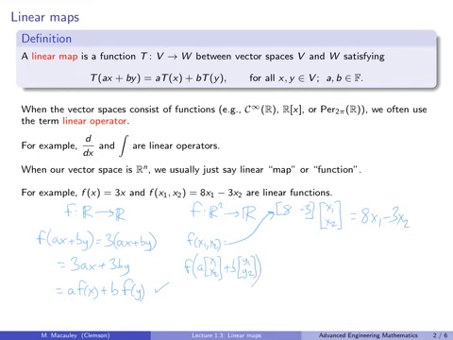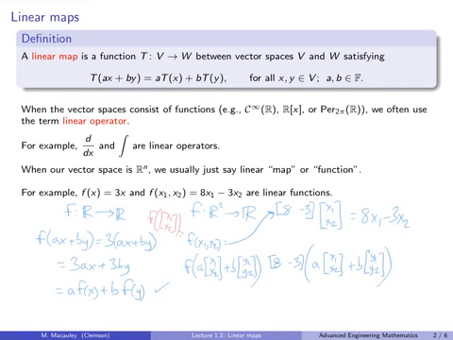So for example, this I'm thinking of as f(x1, x2). Okay? So let's compute. This is equal to (8, -3) times a times (x1, x2) plus b times (y1, y2).